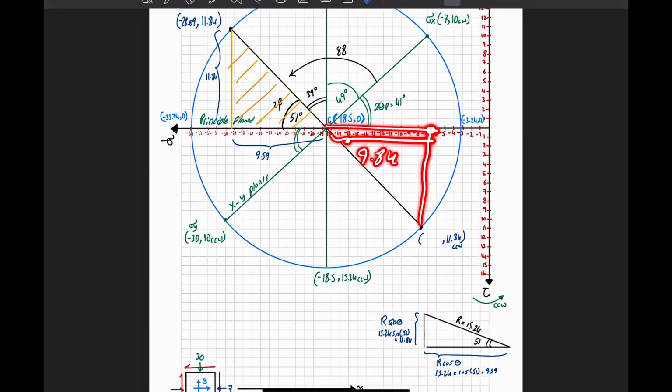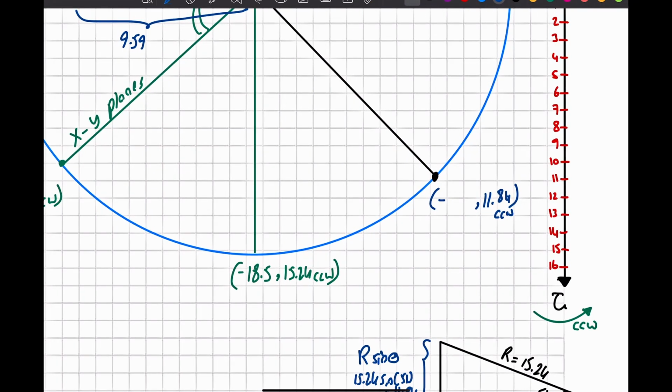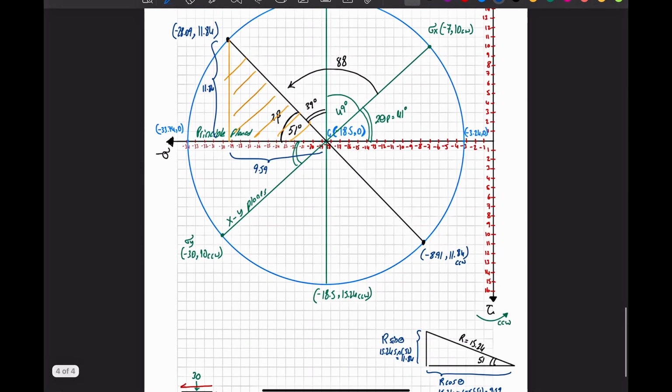So to find this point, the center of the circle is negative 18.5, or forget about the negative now, say 18.5 minus 9.84, it will take you here, which is now negative 8.91. Okay, and those are the 2 points.